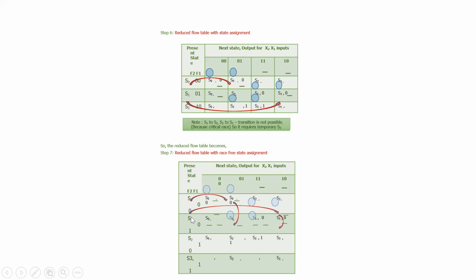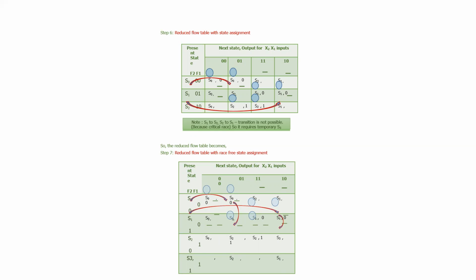Then we have to draw the transition from S1 to S3, S3 to S2. We have to write the same thing from S2 to S3, S3 to S1. So we have to complete the reduced flow table with race-free state assignment.